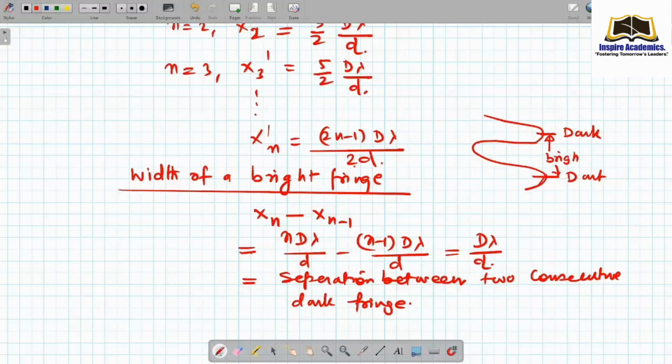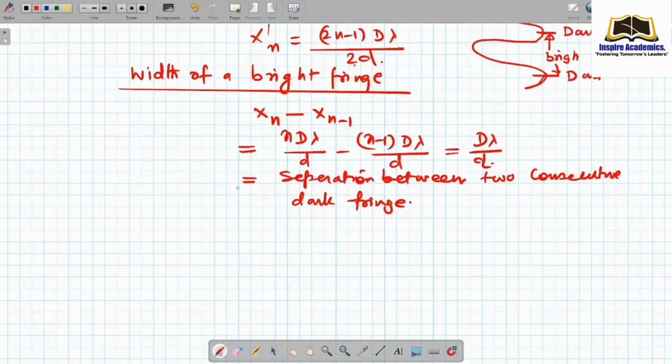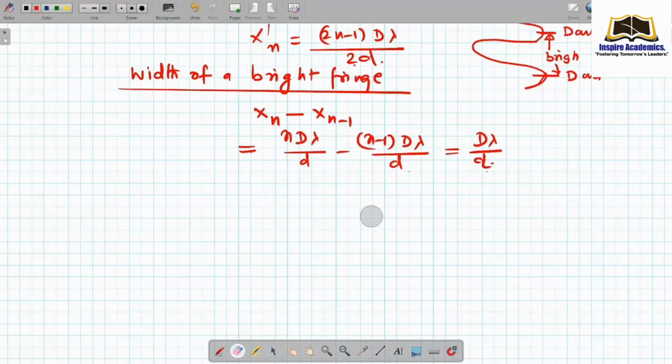Okay, so if you see, इसको थोड़ा सा यहाँ इसके साथ नहीं यूज करते, so that you should not get any kind of confusion. इसको हम कह देते हैं आपको, this will be known as beta, width of a bright fringe.